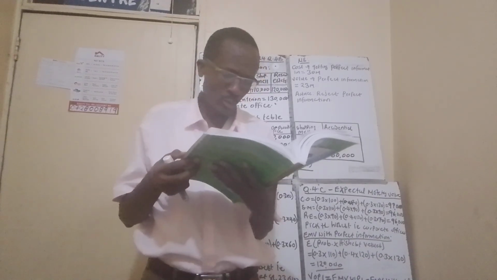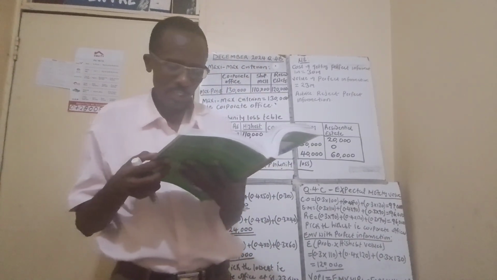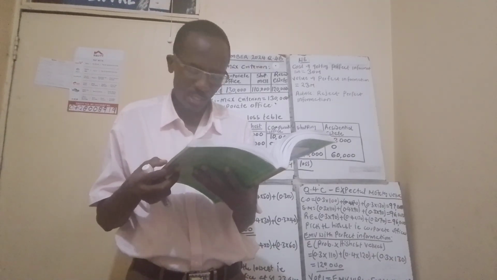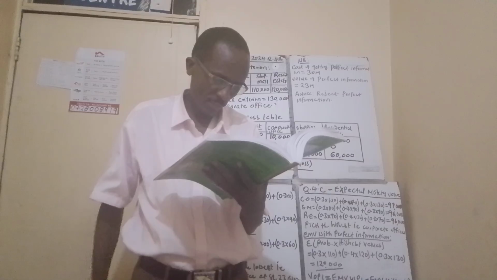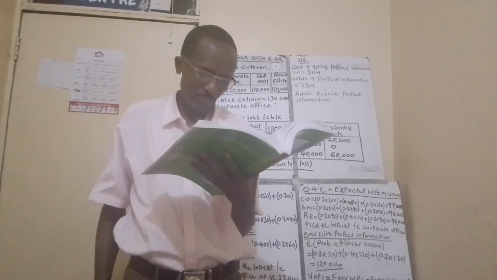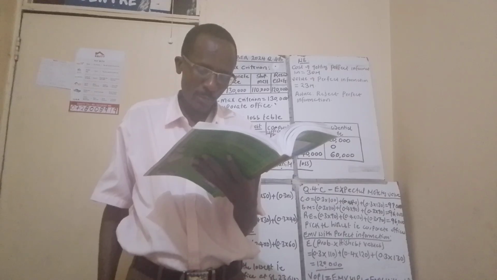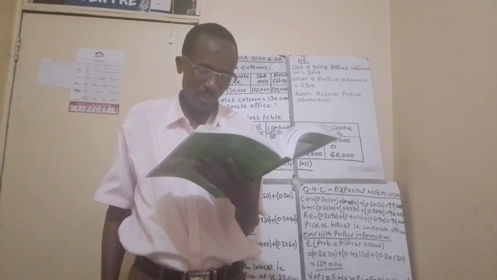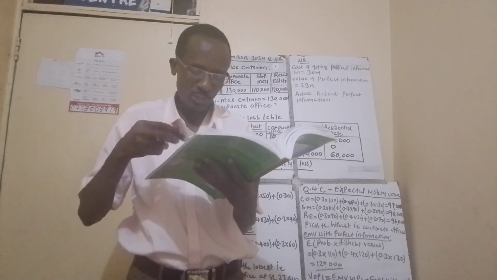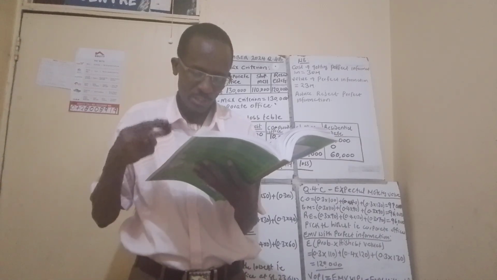The projected annual payoffs per project under the three economic states of nature are as follows. You are given economic state optimistic, most likely, and pessimistic. Probability 30%, 40%, and 30%. Then corporate offices, you are given the figures there.